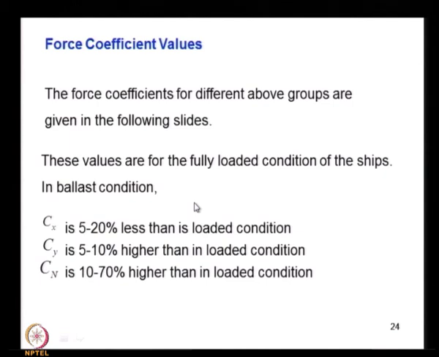Normally you consider the full loaded condition, but when the ship is not fully loaded, conventional cargo ships have 4 operating conditions: fully loaded departure condition, fully loaded arrival condition, ballast departure condition and ballast arrival. These are the 4 operating conditions normally considered in the design stage. Fully loaded departure condition means all the stores are full, that is fuel oil and stores are full and cargo is full.